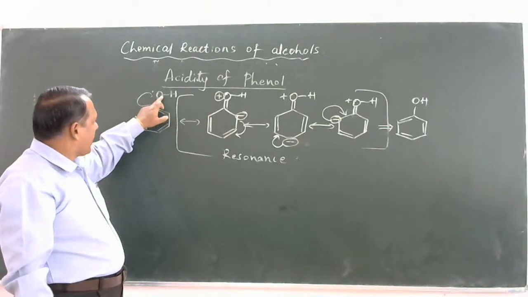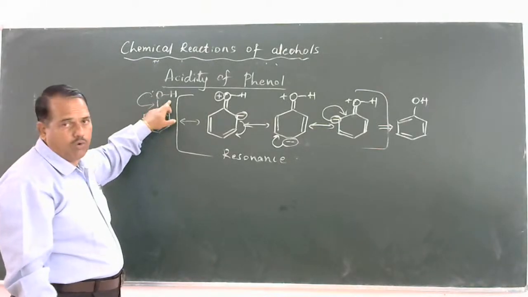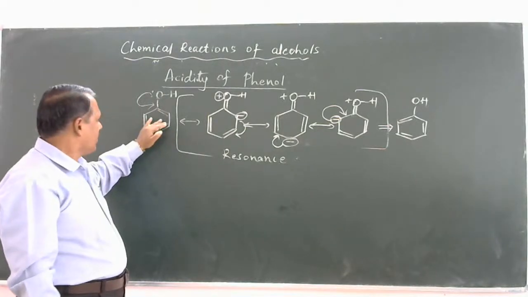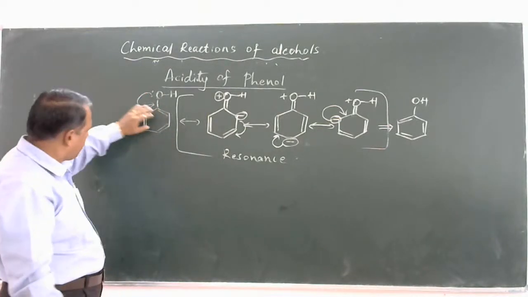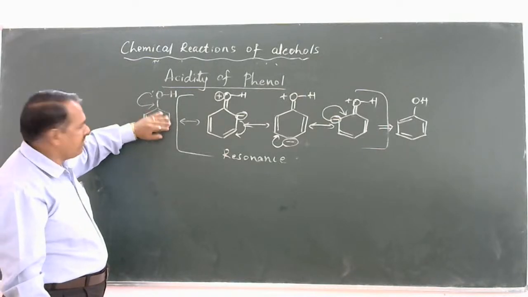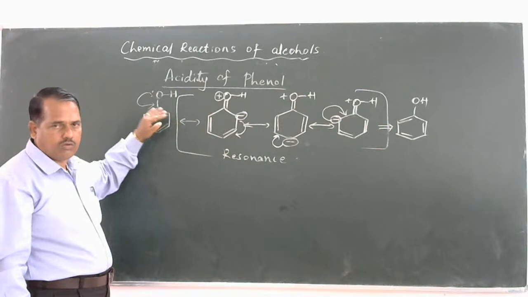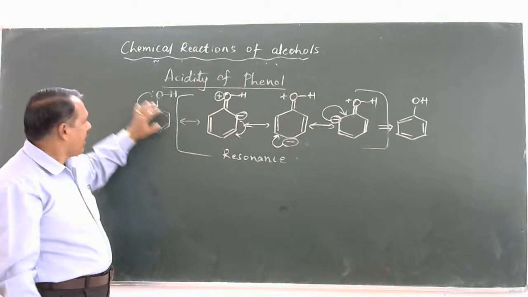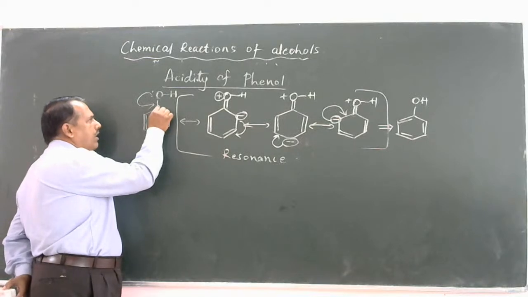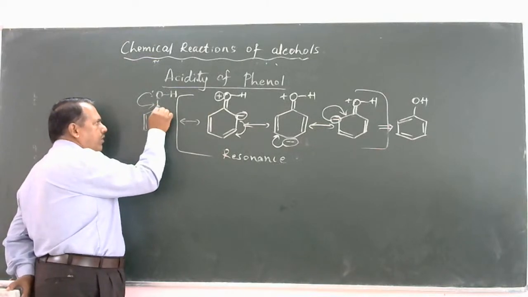And so the ionic character of this O to H bond is weaker as electron is absorbed by the sp2 hybridized carbon. So benzene is electron rich. You studied this, as sp2 hybridized carbon is more electronegative.